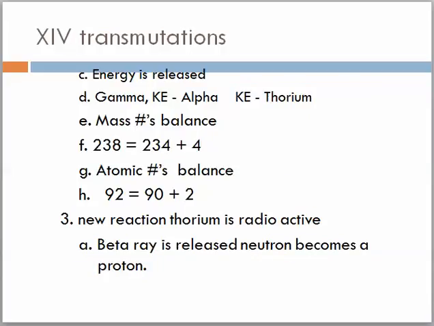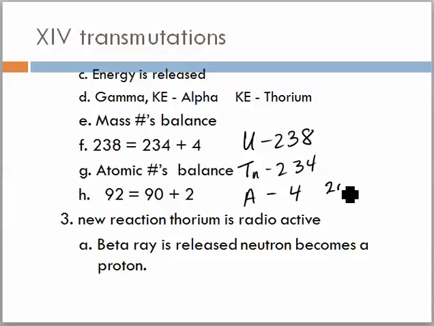Well, what I want you to understand is that the mass numbers are still going to balance, and the atomic numbers are still going to balance. The mass number of uranium was 238. The mass number of the thorium is 234. The mass number for the alpha particle is 4, meaning it had 2 protons plus 2 neutrons.